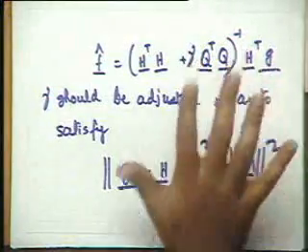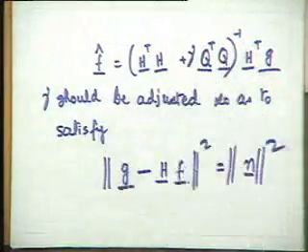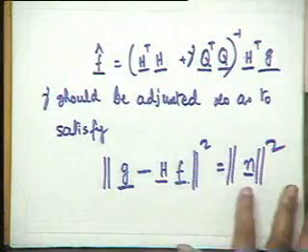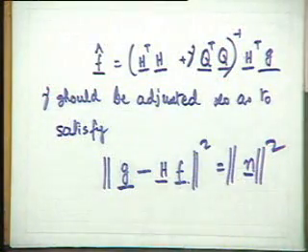Otherwise we must evolve an iterative technique whereby we adjust this parameter gamma, so that we get a new estimate of f hat and try to fulfill this criteria. And till the time we reach g minus h f hat square equal to n square within some reasonable accuracy, we must proceed with this iteration.